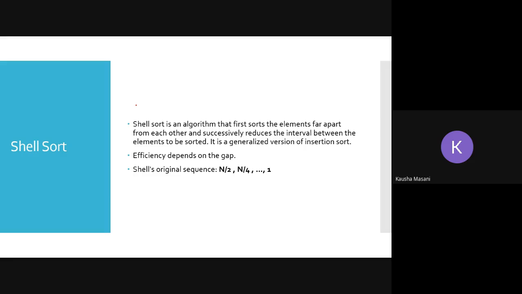It is a generalized version of insertion sort, a little bit of improvement. The efficiency of this sorting technique depends upon the gap, and the original sequence is n by 2, n by 4, and so on till 1.